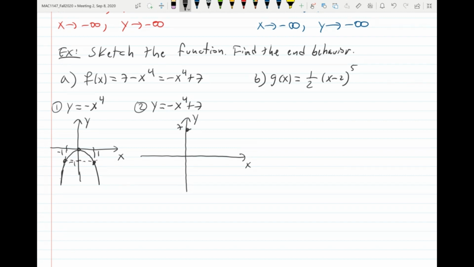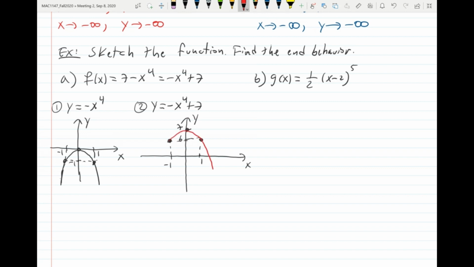I'm going to put it here. And then the point 1, -1 is going to be at 1, 6. Let's put 6 here. Again, I'm not doing this to scale, otherwise it would take a big piece of paper. And now we graph, using the same shape.